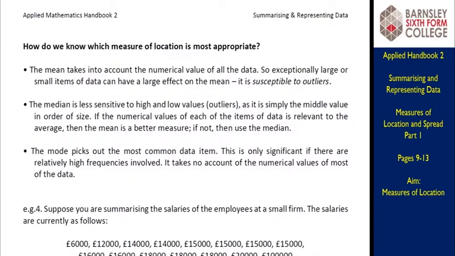So if there's a value that has a high frequency compared to all the others, it can be useful. But if you're finding that a lot of the frequencies are the same, it's not going to be great to use. But it also has an advantage for qualitative data. For example, you can't find the mean and median of qualitative data, but you can find the mode of it. You can find the most frequent value.